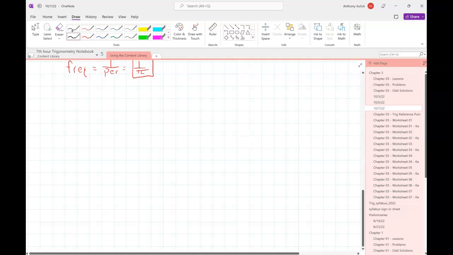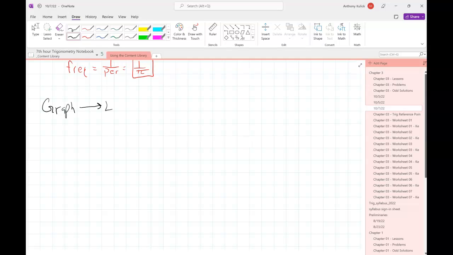The next type of problem we're going to talk about is going to be going from a picture of the graph back to an equation. So let's look at an example here.